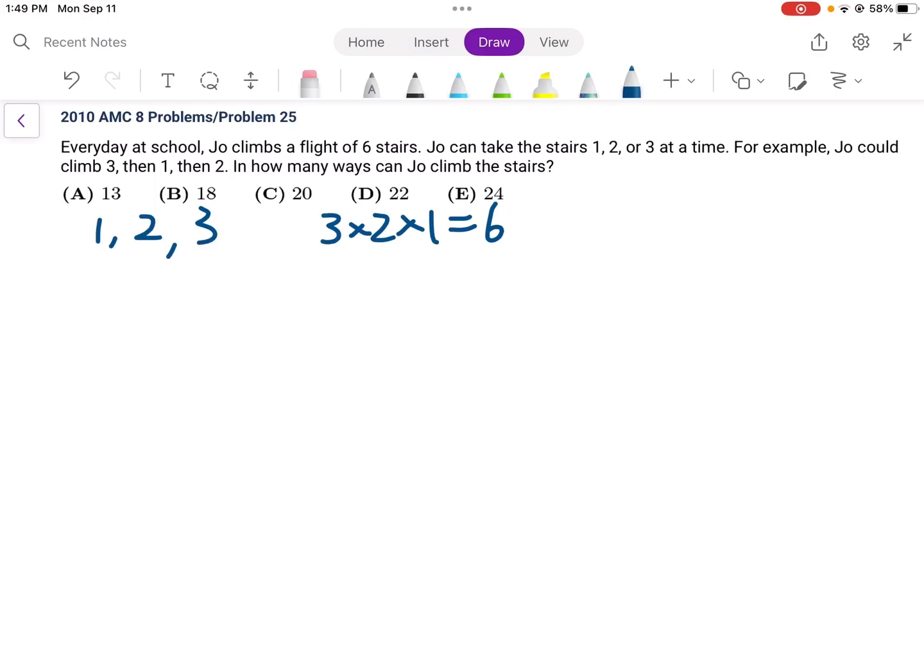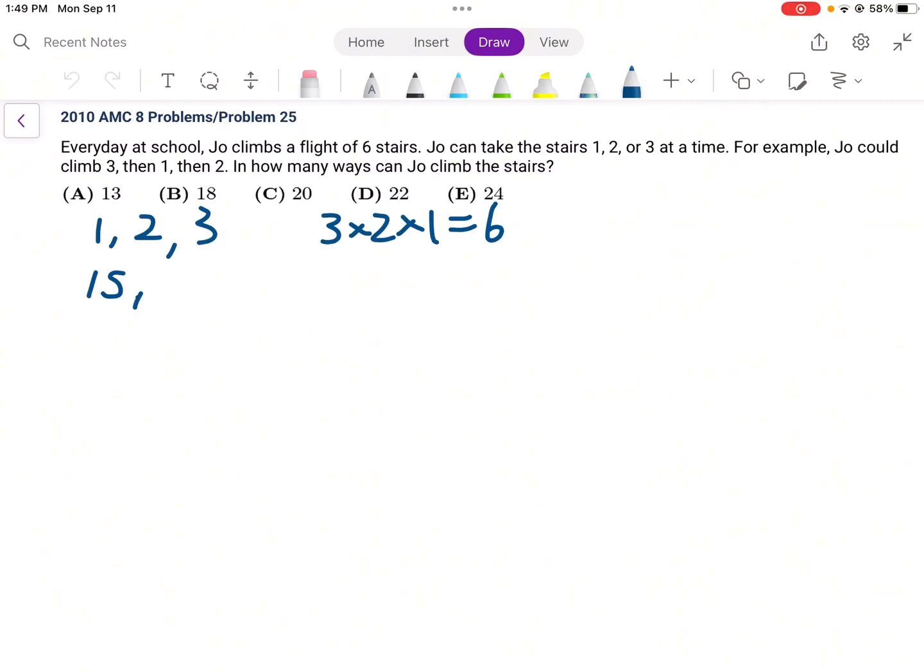Then if he takes one stair at a time, that means he takes 6 steps. So that's one case for ones.